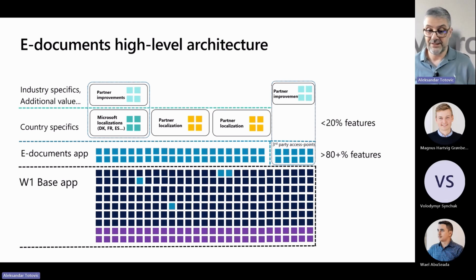Because different access point providers have a different set of features, and we don't plan to deliver their features inside BC. BC will handle what is required by default, what is required to deliver invoicing and other documents, to receive, to exchange messages, and so on. But these access points have their own businesses and their own features, so they can extend our integration app with additional features if they like.